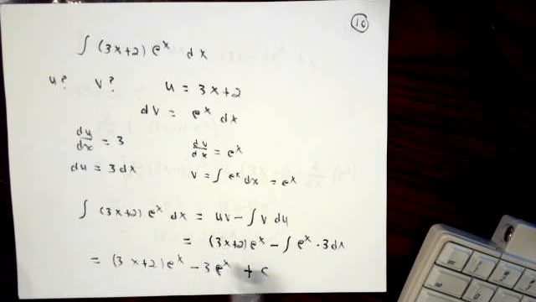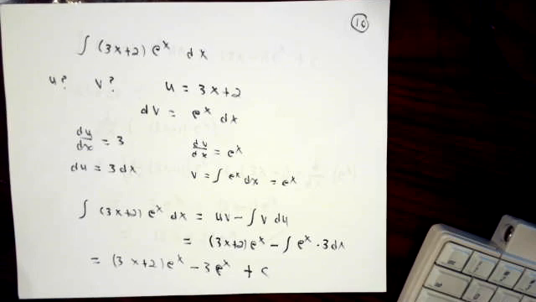That's this chunk, minus the integral of v du. v is e to the x, so write that down. And as we said, the du will be written as 3 times dx.